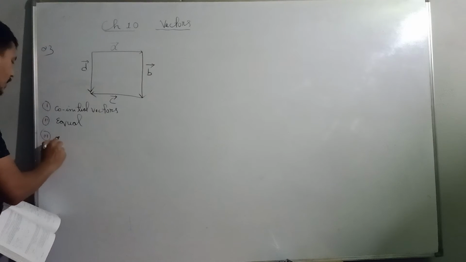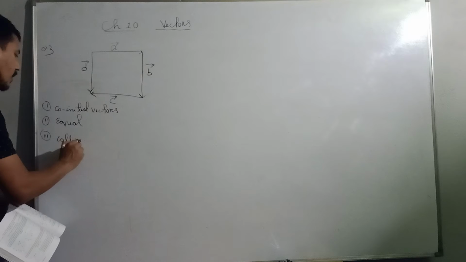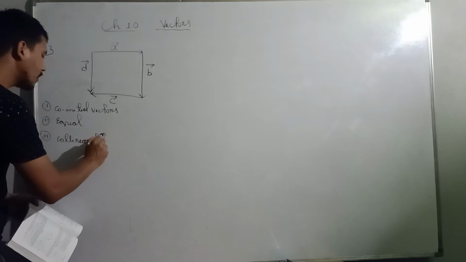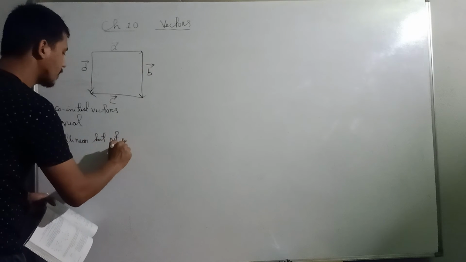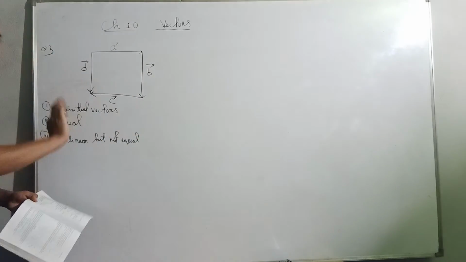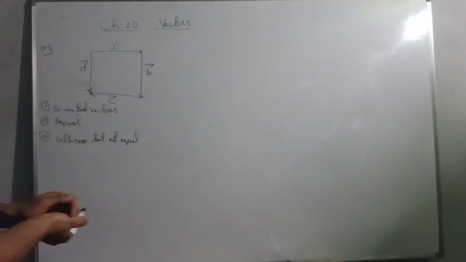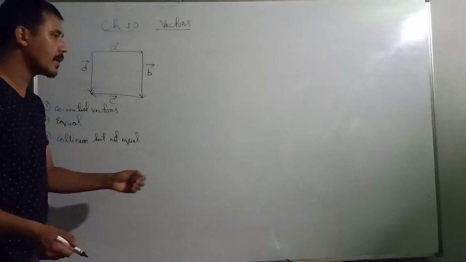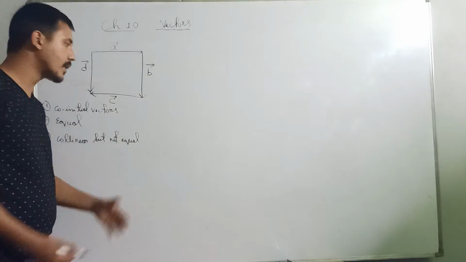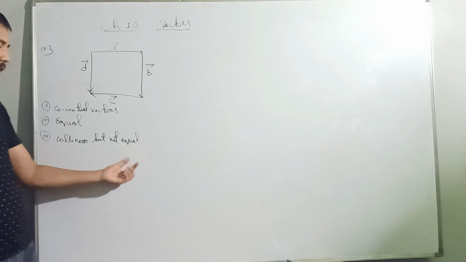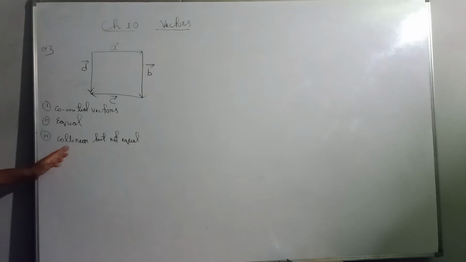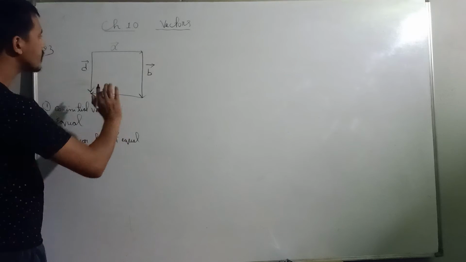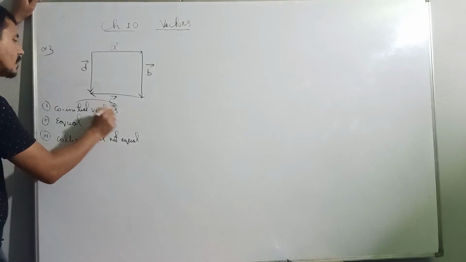Third, collinear but not equal. Collinear means parallel. They may be equal or not, they may have different direction, they may have different magnitudes, but we need to check whether they are parallel.